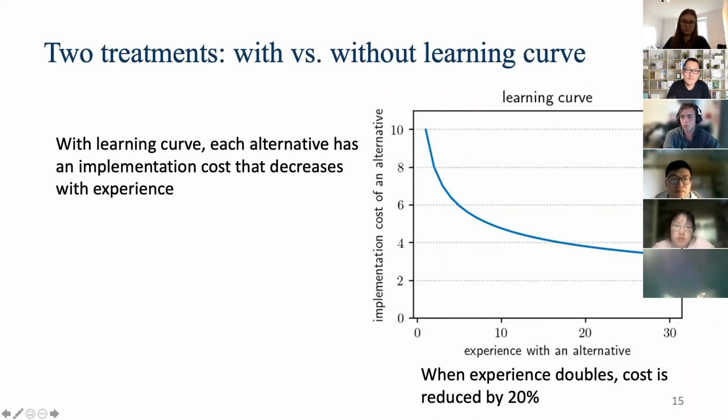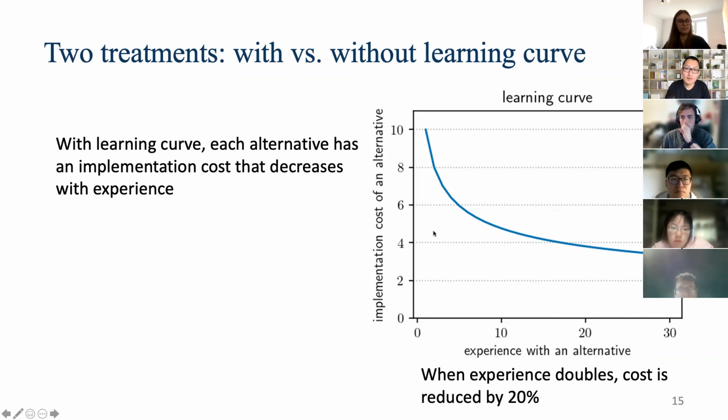So in the condition where learning curve exists, each alternative has an implementation cost, and this implementation cost will decrease with experience. Right? So here is the definition, or the curve, of this learning cost.